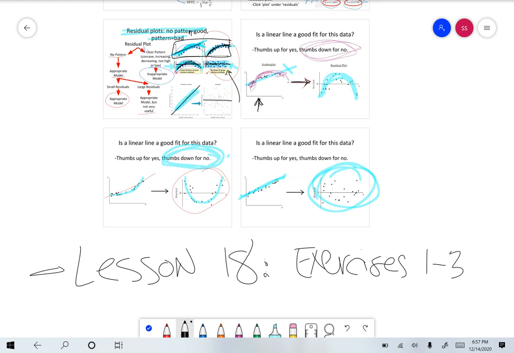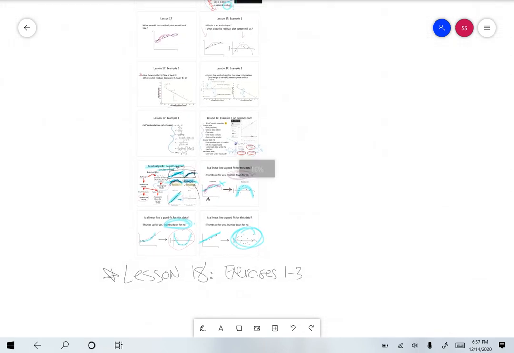It gives you some new data that you can plot. You can practice plotting, finding the residual plot, and interpreting it. But again, you don't need to do it. You don't need to turn it in. It's just if you want some practice with it.